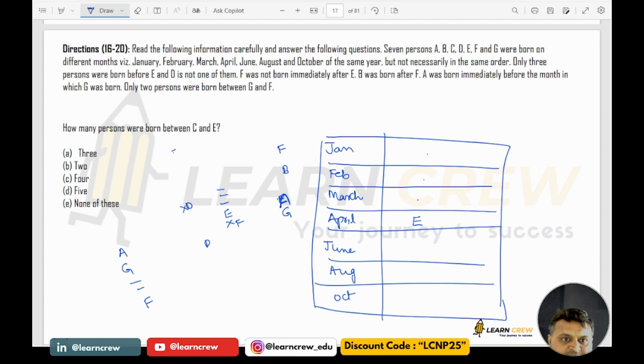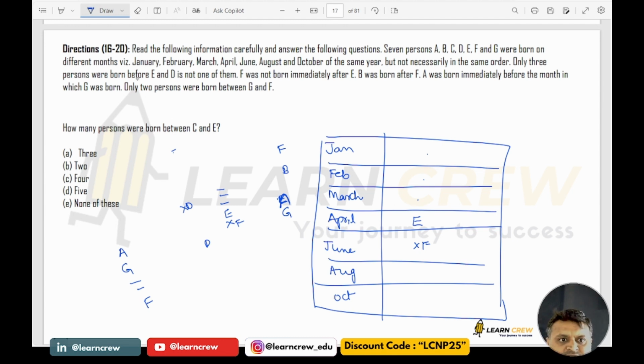Now it is given that below E, F is not there. And D should definitely be below E, not above E. Only 3 persons are there between D and E. If only 3, it's already over.